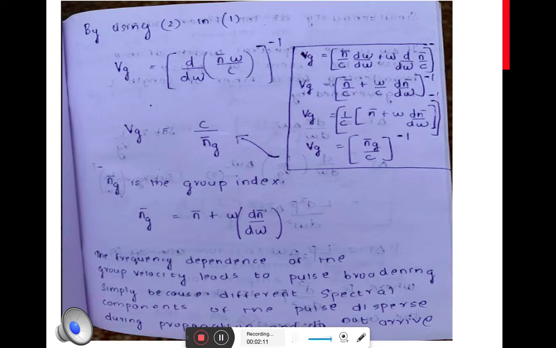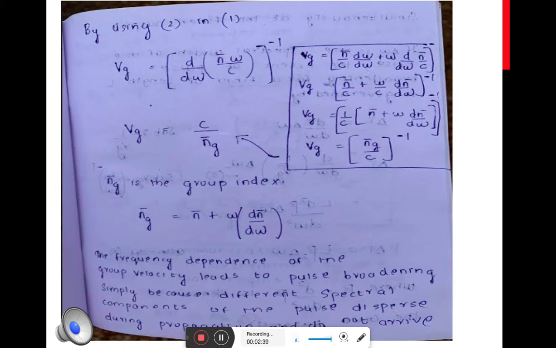So by differentiation by product we get Vg is equal to 1 by c into (n bar plus omega of dn bar by d omega). N bar plus omega into dn bar by d omega is ng bar, which is known as the group index. So when we substitute the group index, we get Vg is equal to (ng bar divided by c) the whole raised to minus 1.